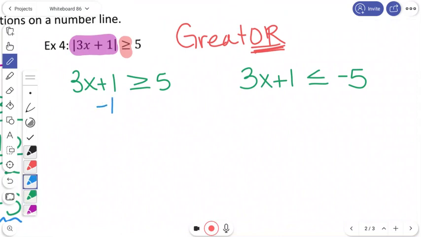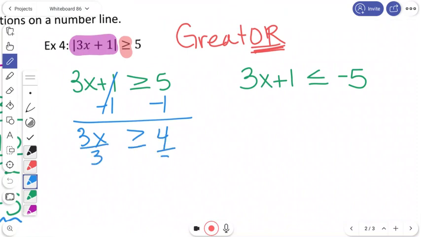So minus 1 from both sides of our inequality. 3x is greater than or equal to 4. Divide by 3, x is greater than or equal to 4/3. Doesn't reduce, I'm just going to leave it as 4/3.